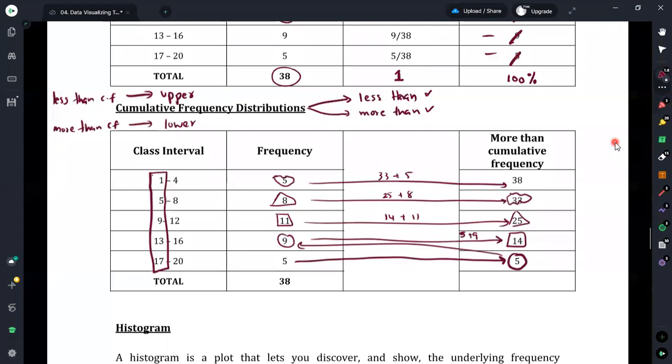Then this 14 means there are 14 leaves which are greater than or equal to 13 centimeters, and 5 means there are 5 leaves which are greater than or equal to 17 centimeters. Therefore, this is how we are interpreting and obtaining the more than cumulative frequencies.